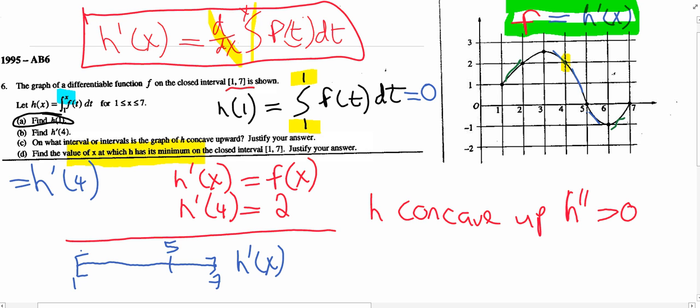And it looks like it's positive until you get to 5, right? And then it turns to negative here, right? So is there a relative minimum on that range there? Turns out that this is a relative max.